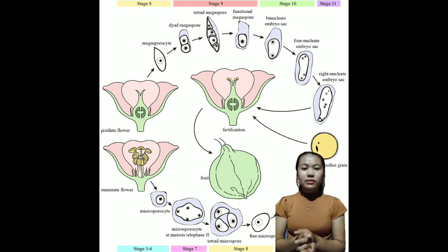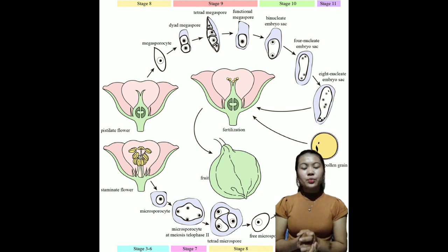Now let's talk about male gamete formation. The formation of male gametes takes place inside the anther, and consists of two steps: microsporogenesis and microgametogenesis.